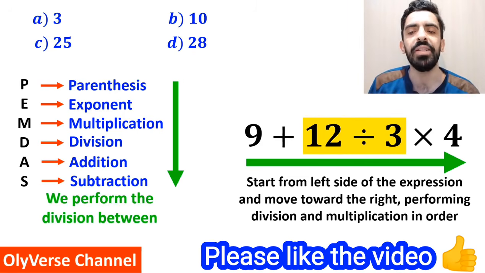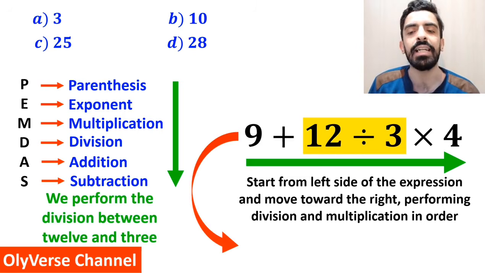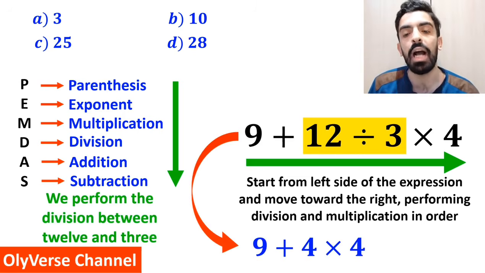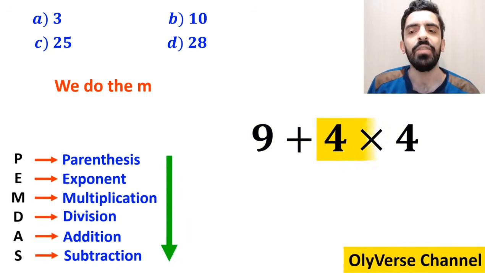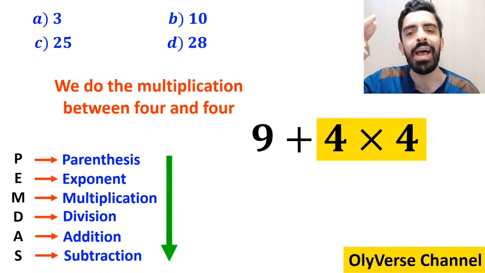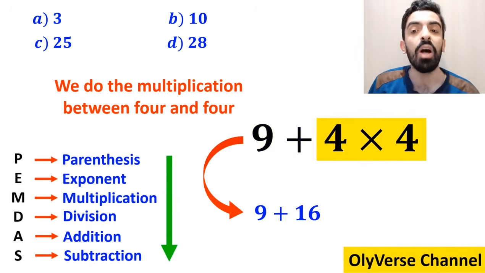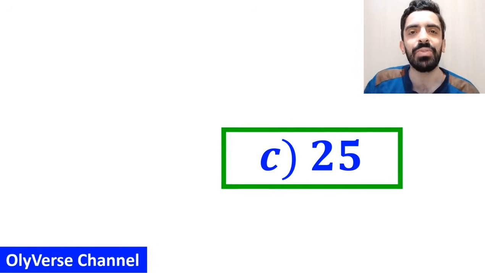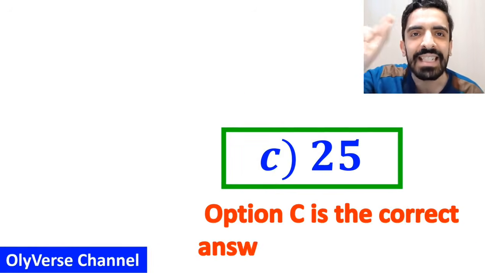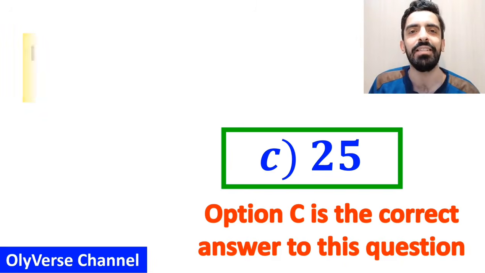So, first we perform the division between 12 and 3, and this expression simplifies to 9 plus 4 multiplied by 4. In the final step, we do the multiplication between 4 and 4, which gives us 9 plus 16. And finally, the value of this expression is equal to 25. That's great. Option C is the correct answer to this question.